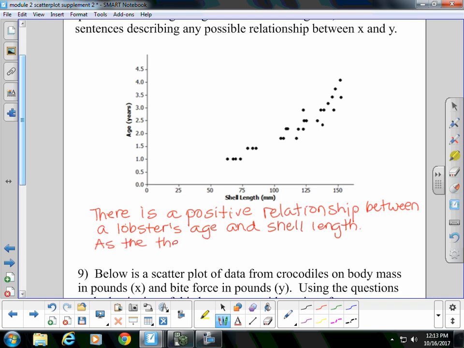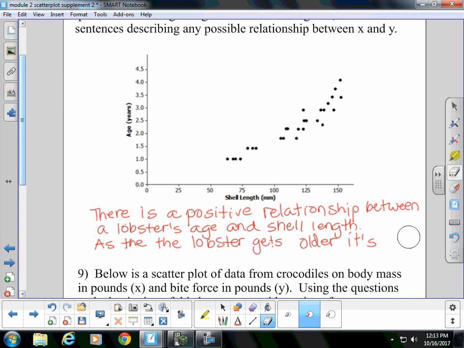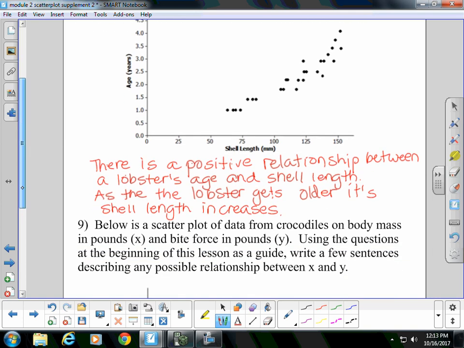As the lobster gets older, its shell length increases. There's a couple sentences.